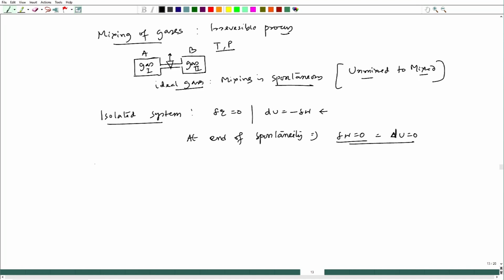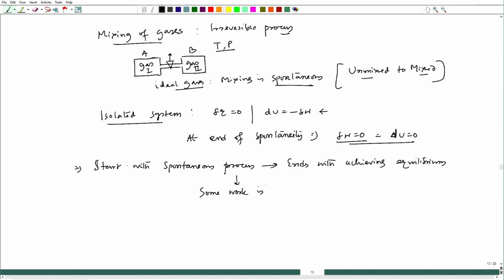We can say that. So, if we start with a process, and it ends with achieving equilibrium, during the process some work is lost, and that could be in some other energy form or heat energy.